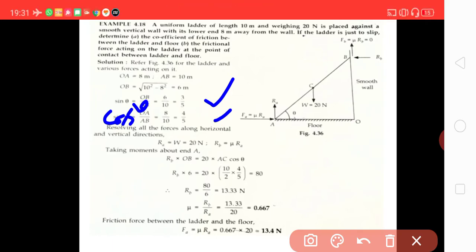Resolving all the forces along the horizontal and vertical directions. Horizontal, this RA equal to mu B RB.